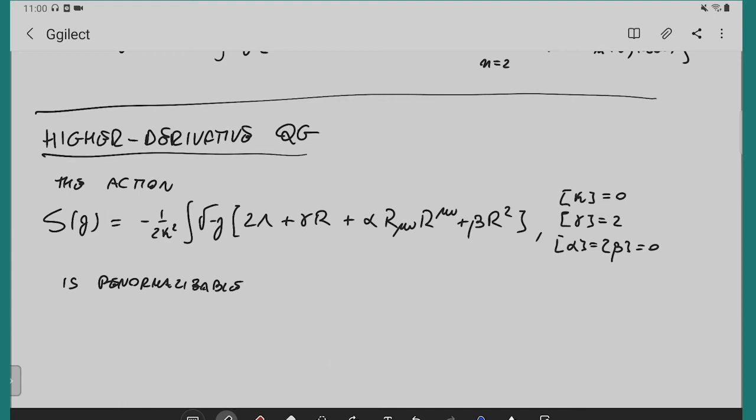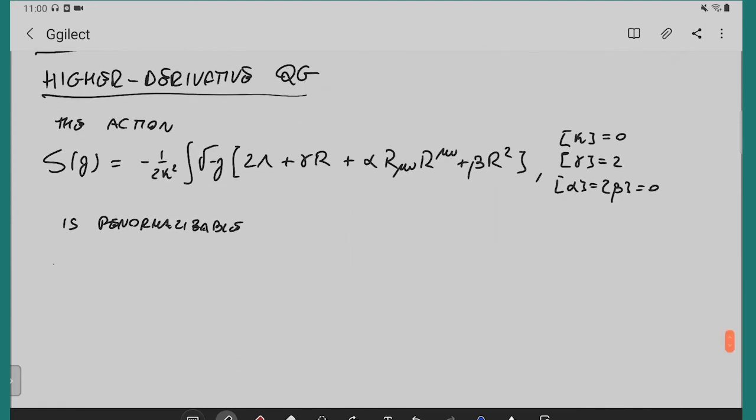If you continue, you generate Riemann cubed and so on. But if you put the first one loop counterterms in the classical action and then start again, it will be closed, which means that the counterterms at every loop order will have the same form as the classical action. So you have this.